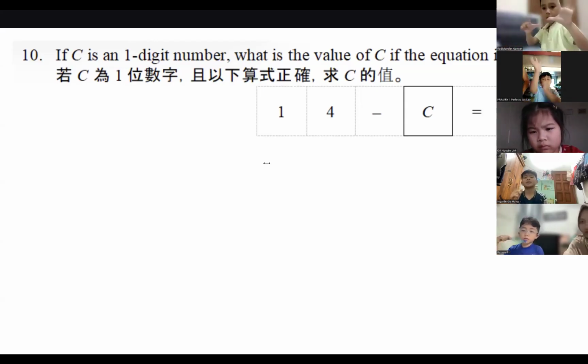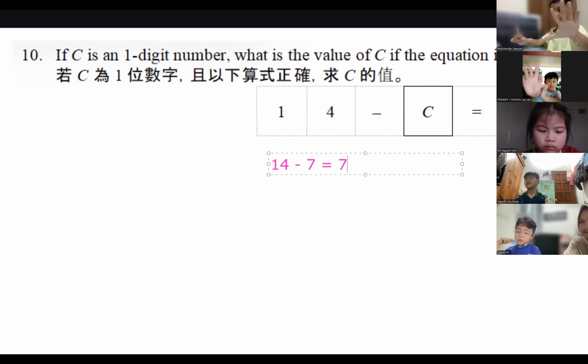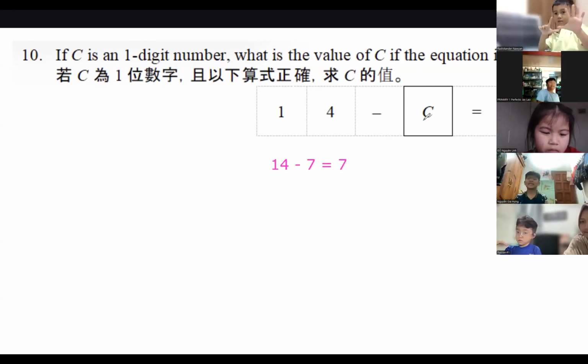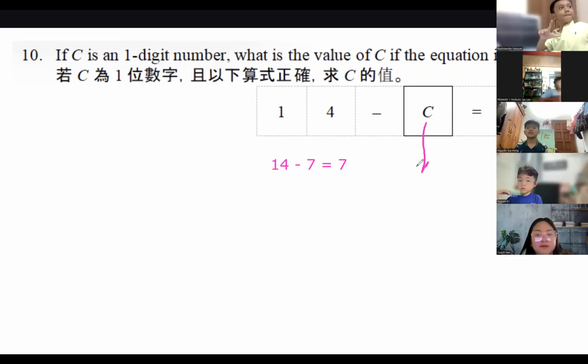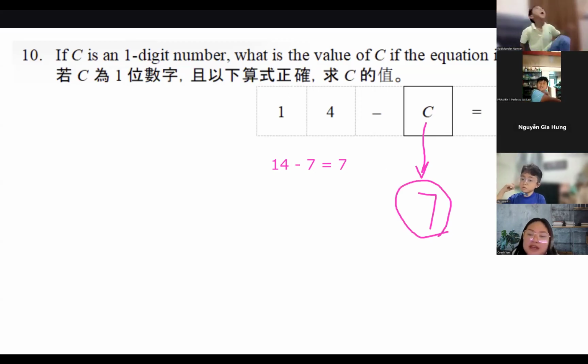So, you can try up until you get 14 minus 7, that is just equal to 7. So, that means C is equal to 7. And that's the answer. If you encounter something like this, you can just ask yourself, what is half of 14?